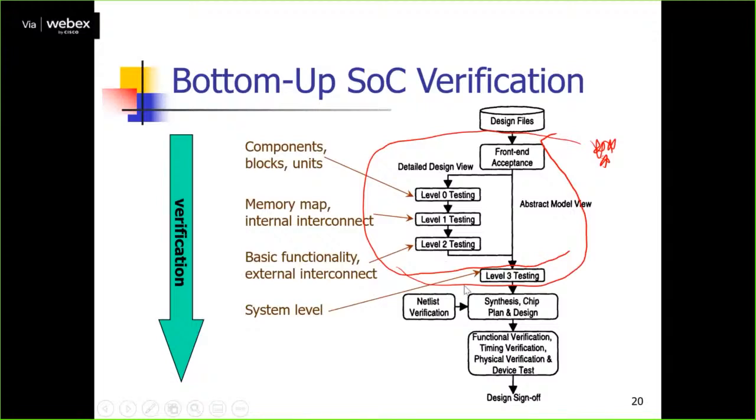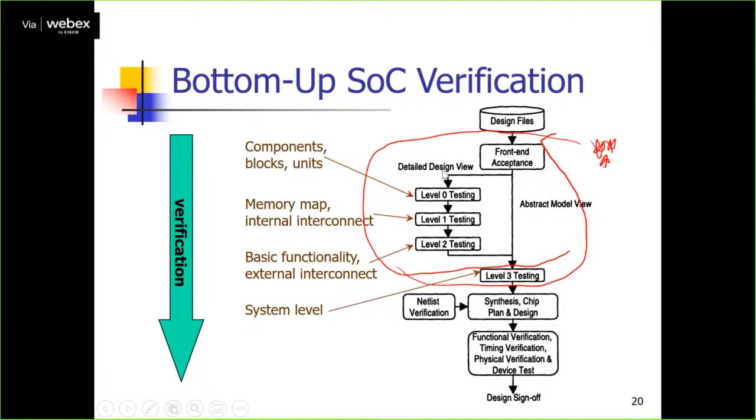At level 3 testing, we have a totally integrated system, with different components integrated, different blocks integrated, different units integrated, or what are called different subsystems integrated. So there you are doing testing called level 3 testing.